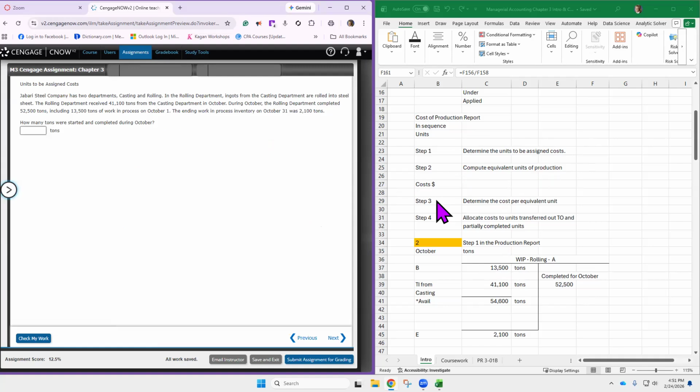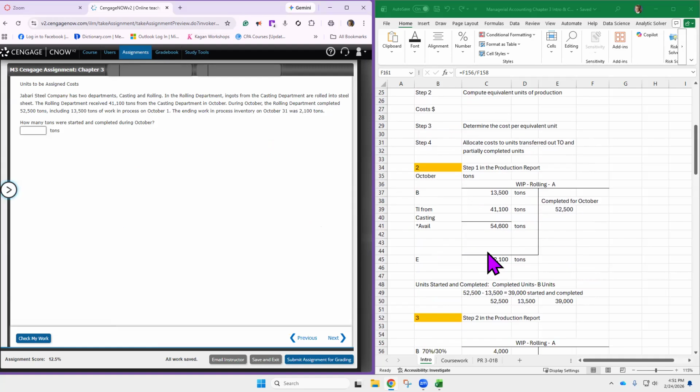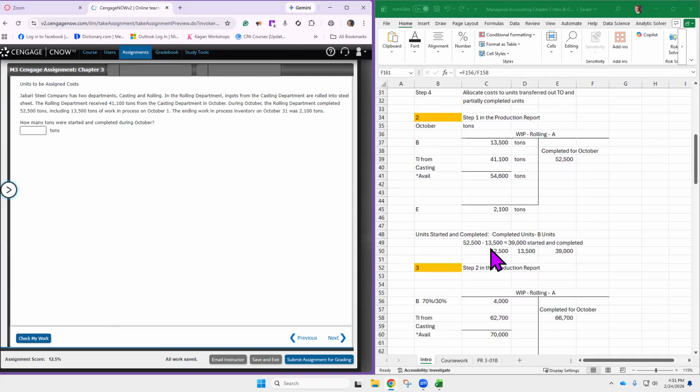Then the last 2 steps involve costs. You can draw a T account, and by the way, since we're in process costing, however many processes you have or departments, that's how many WIPs you're going to have. So I have a WIP inventory account started here for number 2.